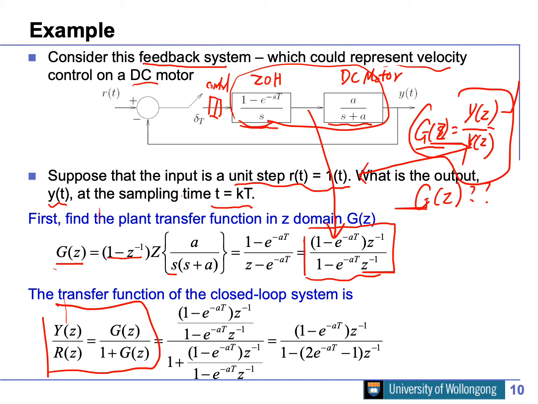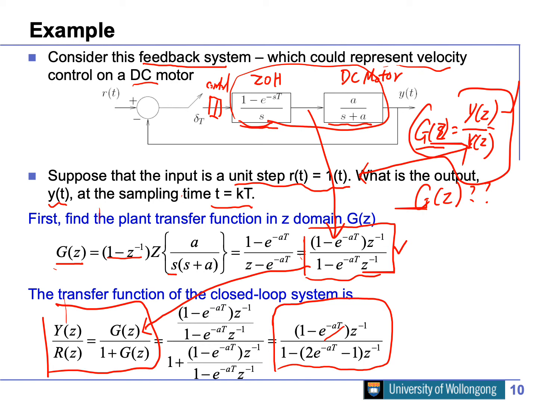Alright, so open loop is this thing, that's all G. So put this in here. That's your G(z) in here. And do a little bit of simplification. We got something like that. It's a little bit complicated, right? Nobody can remember or get used to this. But because of this e to the negative aT, this is just a constant.